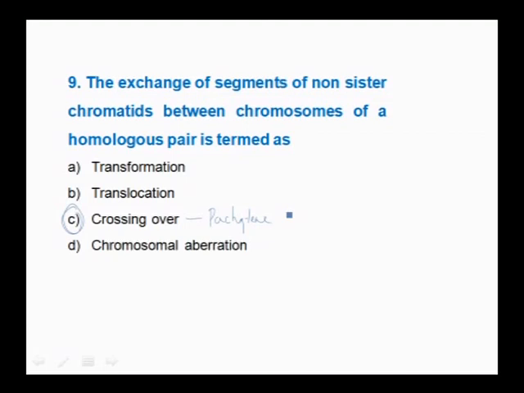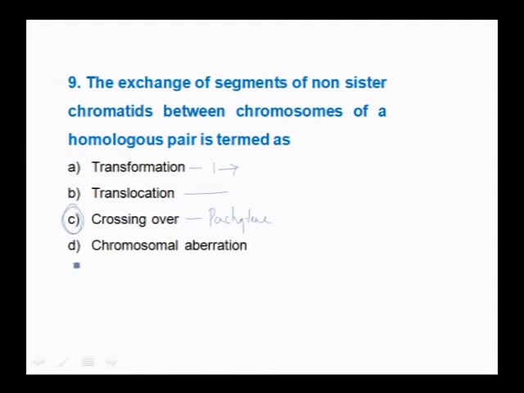Now let us understand why the others are not the option. A refers to transformation. Transformation is the conversion of one form of cell or bacteria into another type. Translocation indicates the exchange of fragments of chromosomes or chromatids between non-homologous chromosomes. So it is a kind of mutation or problem associated with DNA, you can consider.